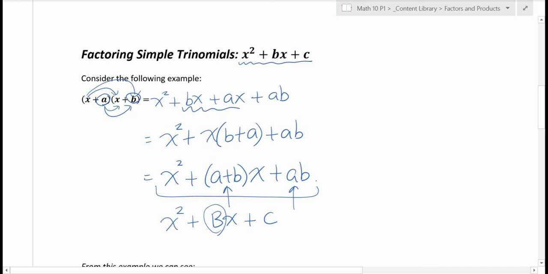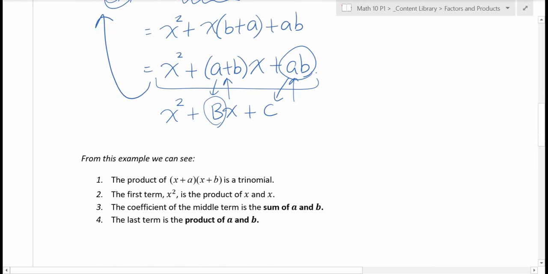So if we want to go backwards from here to there, what we have to do is find the two numbers a and b such that a times b gives me the constant, and a plus b gives me the middle coefficient, then I can factor. So that's summarized here. It says the product of x plus a times x plus b is a trinomial.